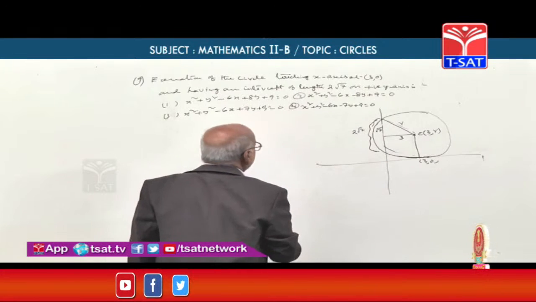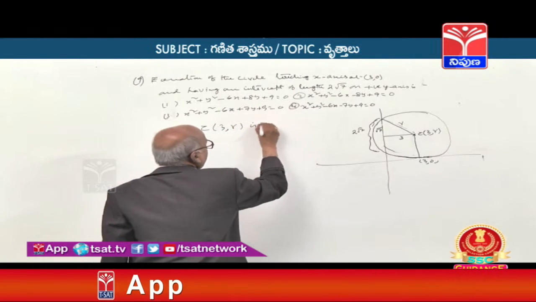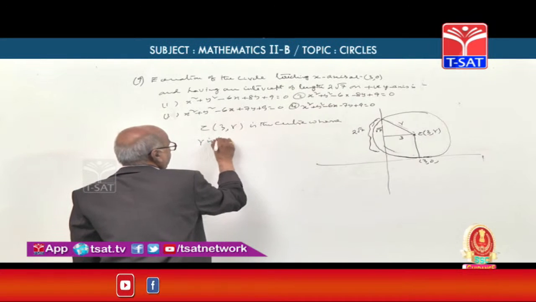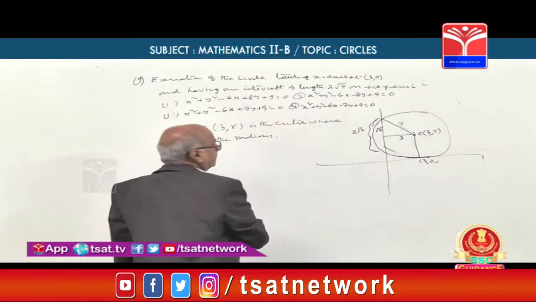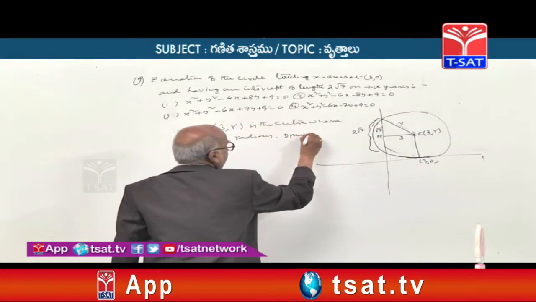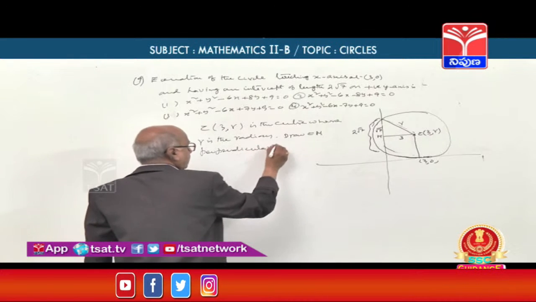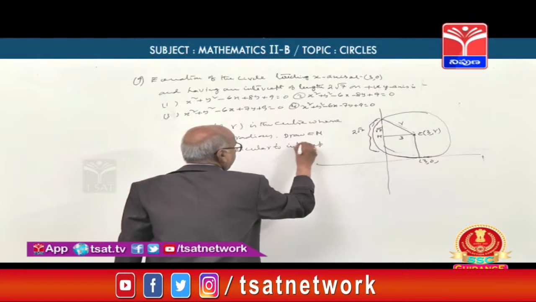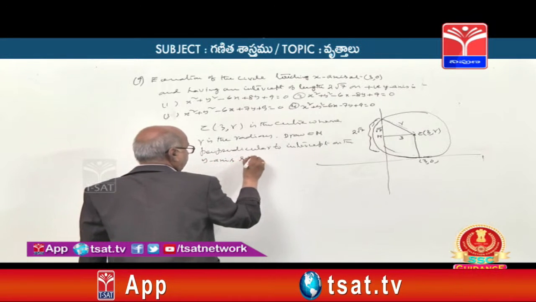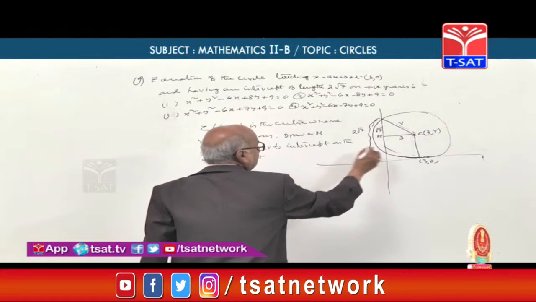Now, from the picture, C is (3, R), the center, where R is the radius, and you know that, draw CM perpendicular to the intercept on the y-axis, so that what you get is this one.